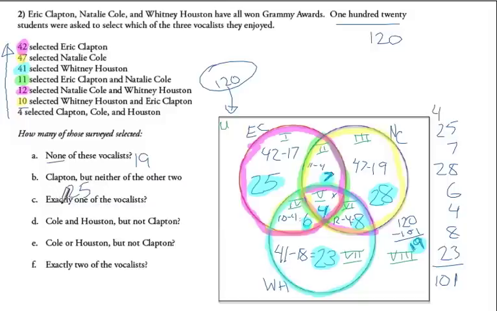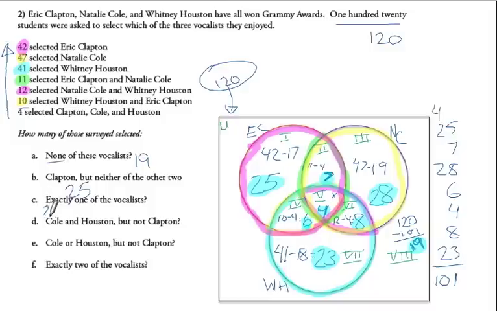Now the next question is a little more general. Exactly one of the vocalists. That means you only liked one of them. You didn't like either of the other two. And so that's going to be the sum of region 1, region 3, and region 7. Because all those regions, they are the onlys.